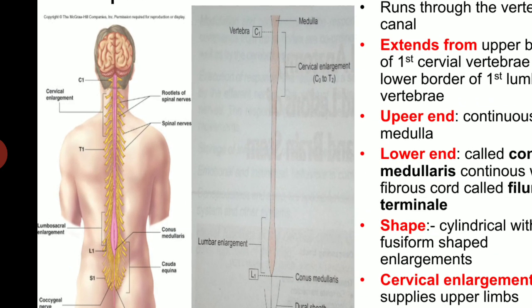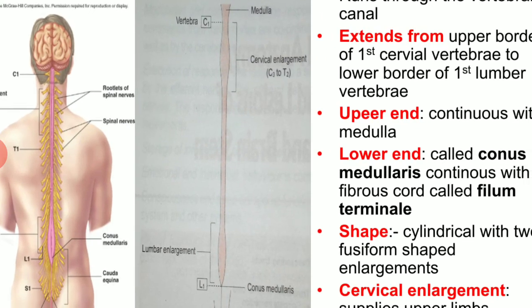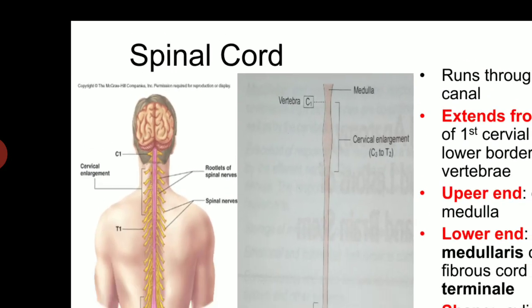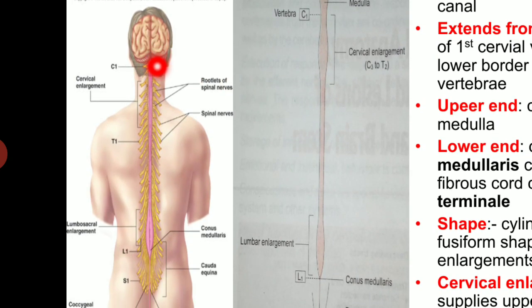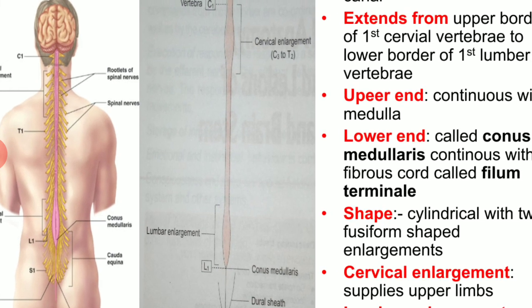So here you can see the extent of the spinal cord, from the foramen magnum, or we can say upper border of the first cervical vertebra, to the lower border of lumbar vertebra L1.